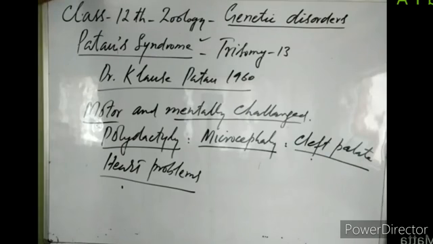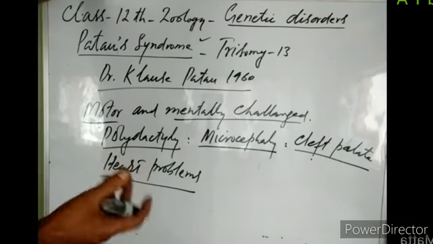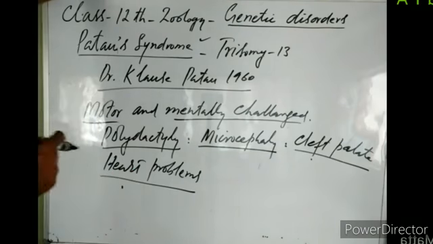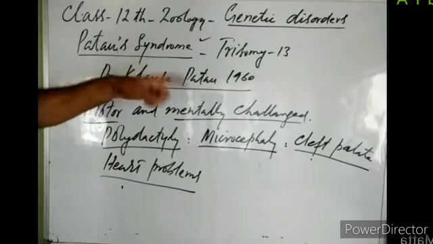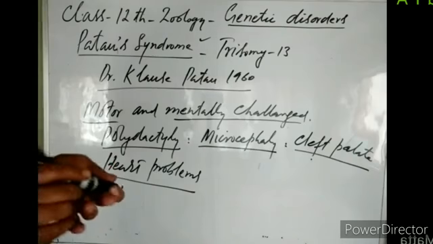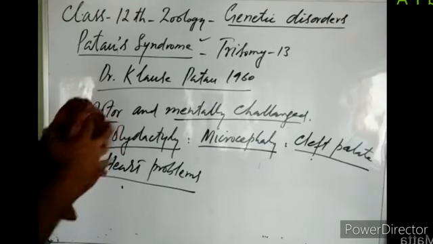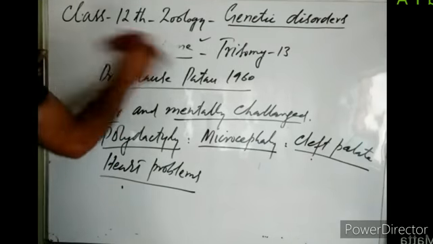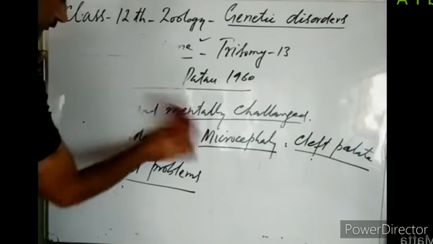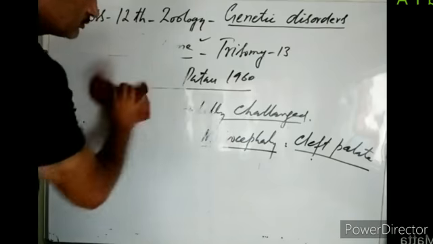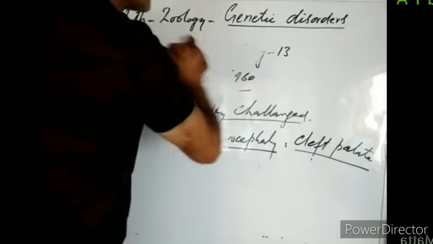They may also suffer from microcephaly, although all these symptoms may not be present together in a single person. But those persons who are diagnosed with trisomy 13 may have any one of these symptoms. So they may show microcephaly, cleft palate, and heart problems. So these are the problems associated with trisomy 13. Similarly, we have another trisomy, that is trisomy 22.